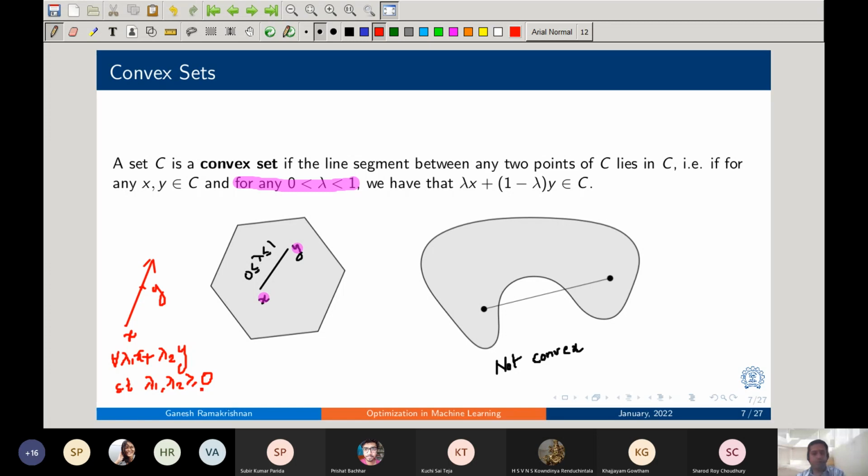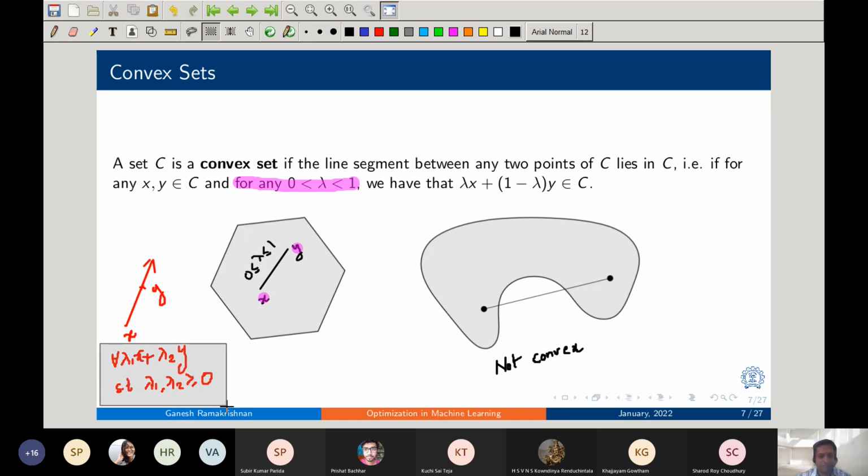Now, what about this set? Is this convex? No, sir. Why isn't it convex? I'm saying for all lambda1, lambda2 greater than or equal to 0, not just when lambda1 plus lambda2 sum up to 1, right?